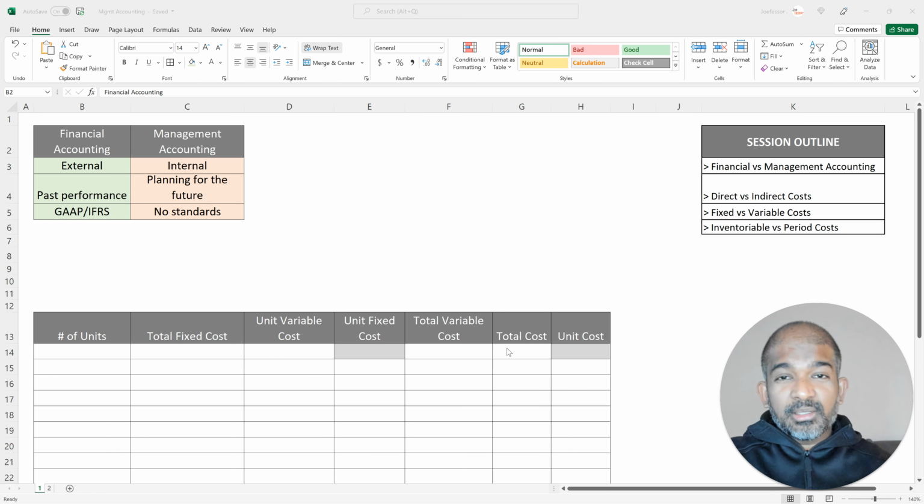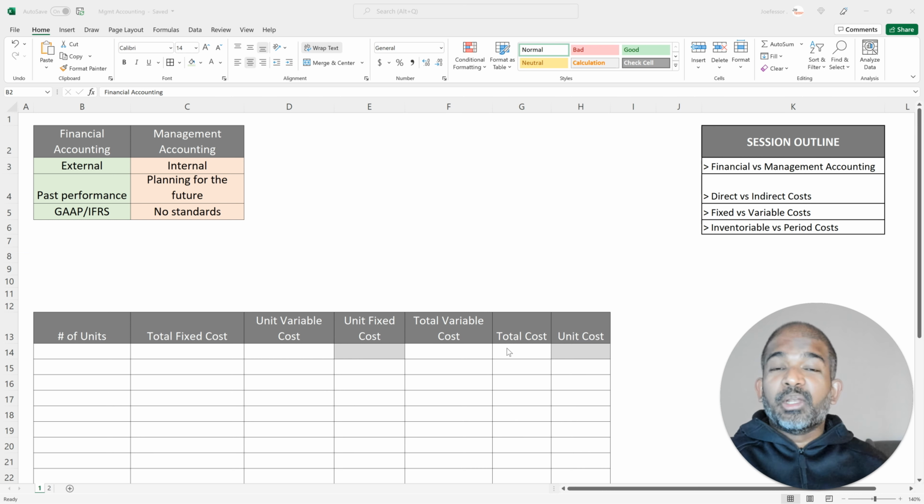Other overhead costs such as rent or utilities or marketing expenses, which may not be directly traceable to a particular product, are referred to as indirect costs. These indirect costs might have to be allocated to different products or departments to understand better the profitability of these products.